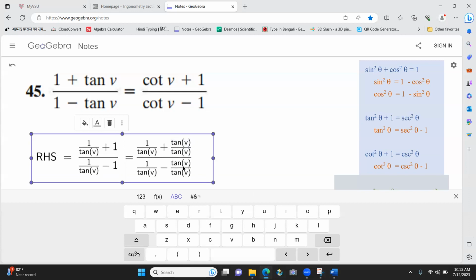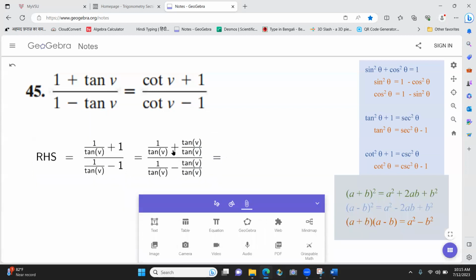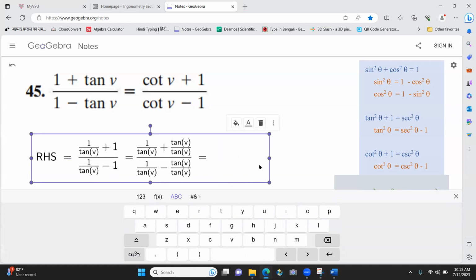Now I have good news. The top part has tan V, tan V as the denominators. The bottom part has tan V, tan V as the denominators. That's something I like. So on the top, I'll get tan V divided by tan V, don't worry, I'll fix it.